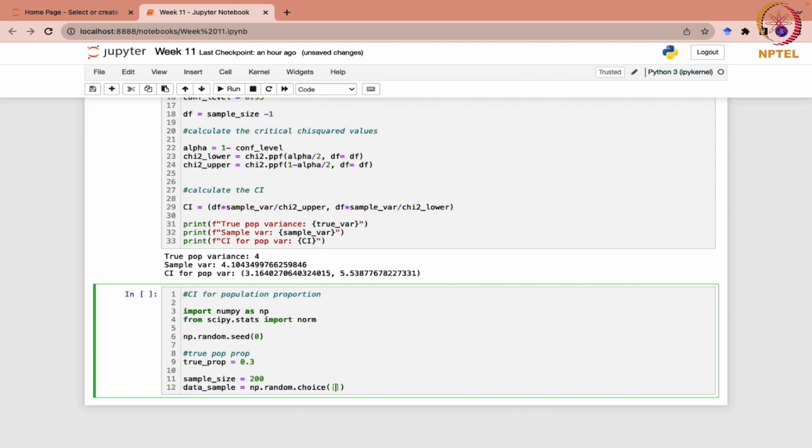Here we are specifying 0, 1, size would be your sample size, and p would be 1 minus true_prop, true_prop.